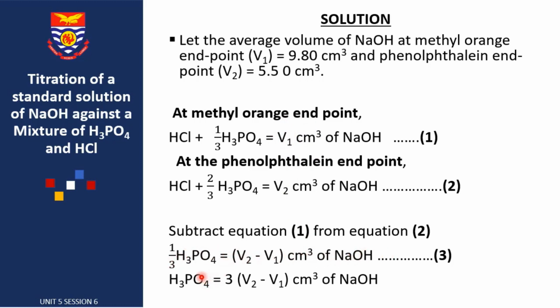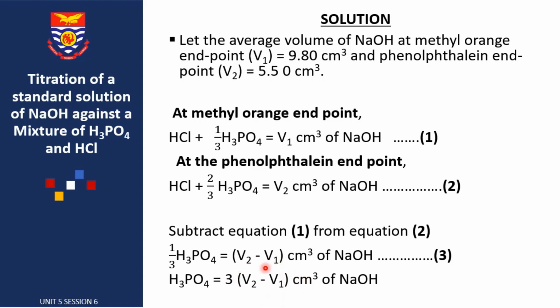We just have to multiply through by 3 to get rid of this here. It means that if we want the volume of sodium hydroxide that would completely neutralize the phosphoric acid, we need 3 times the volume at the phenolphthalein endpoint minus the volume at the methyl orange endpoint.